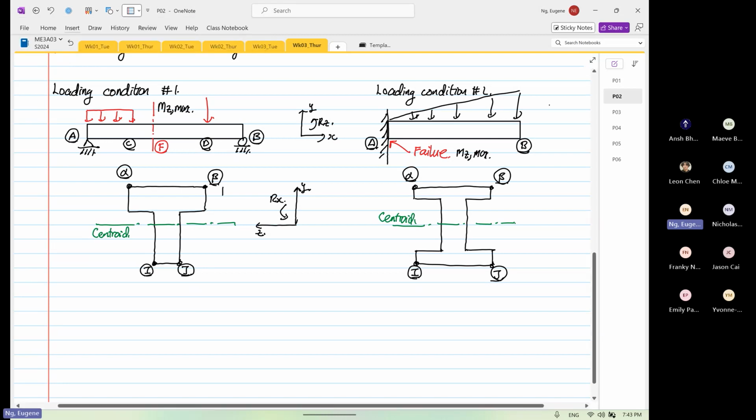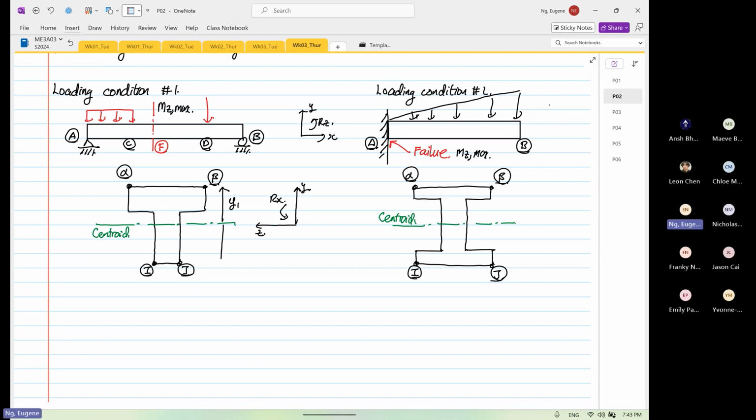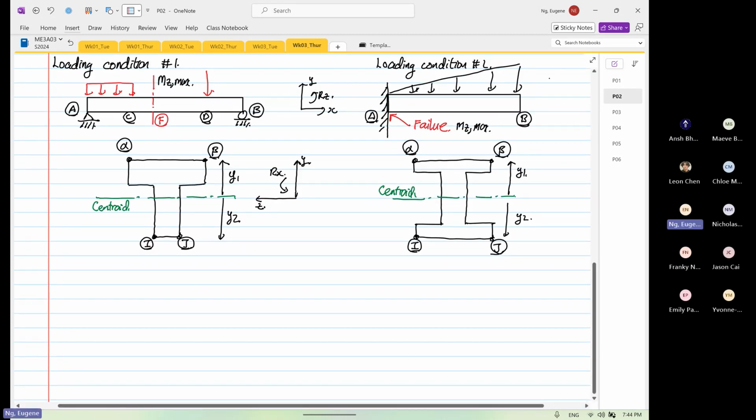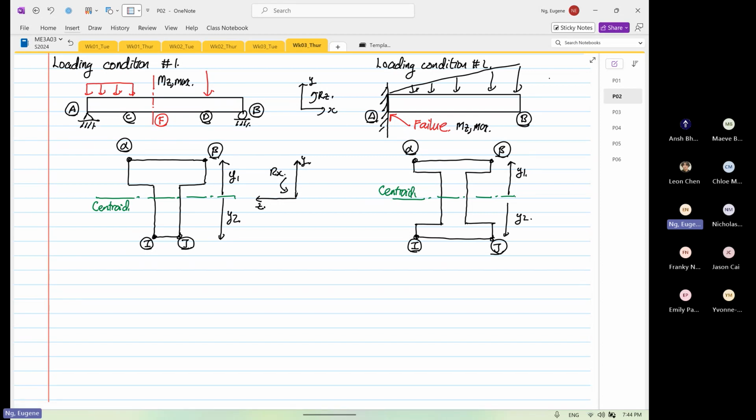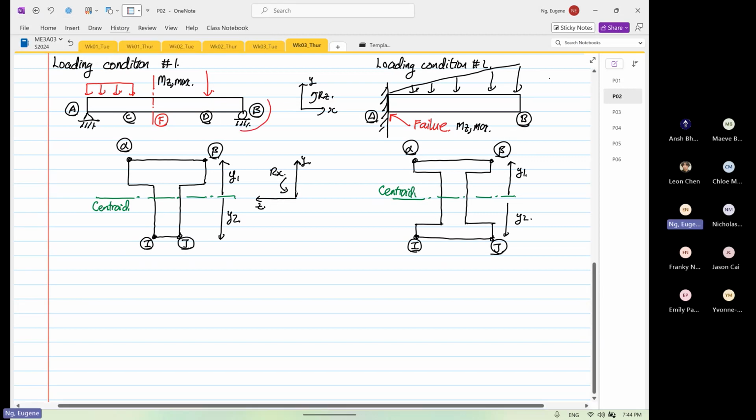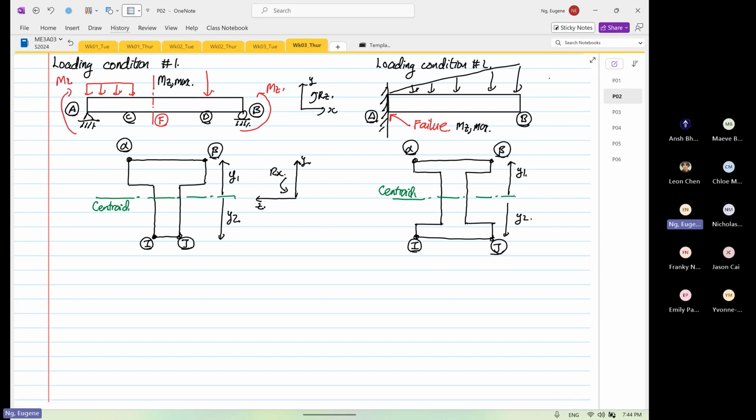down here, there's a certain distance we call y1. And over here, there's a certain distance we call y2. And over here, we have a certain distance called y1, and over here a certain distance called y2. So when we apply the formula, however things are bending because of the deformation pattern, we know that this is our moment about Z. This is also our moment about Z vector.